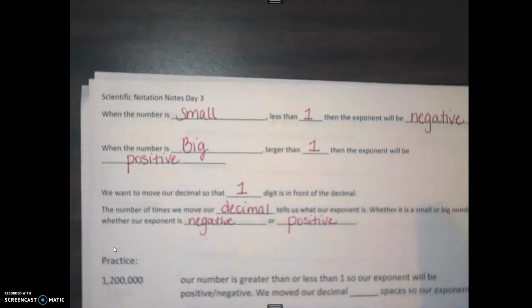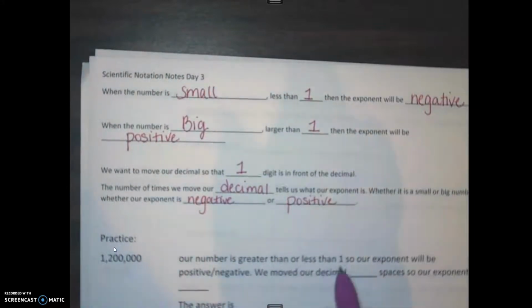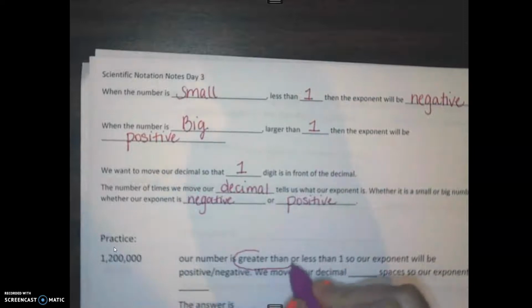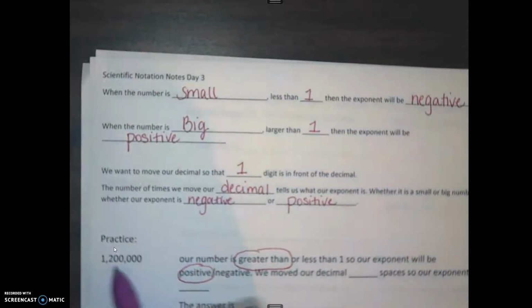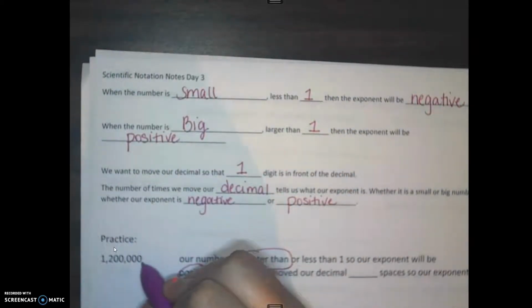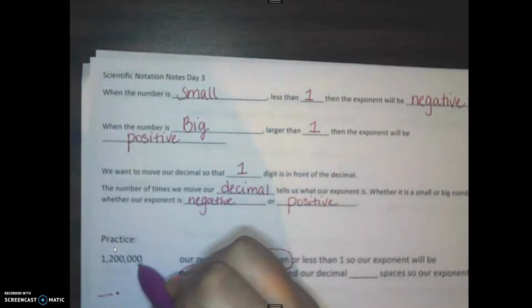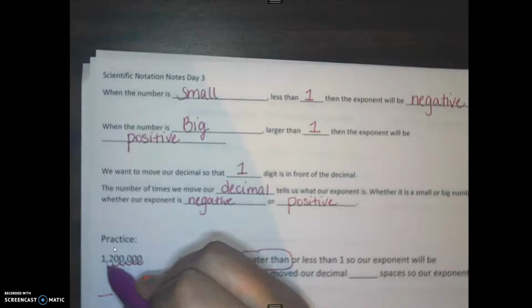All right, so we're going to practice some. Is our number greater than or less than 1? That number is definitely greater than 1, so our exponent will be positive. We move our decimal until I have just one number in front of it: 1, 2, 3, 4, 5, 6.